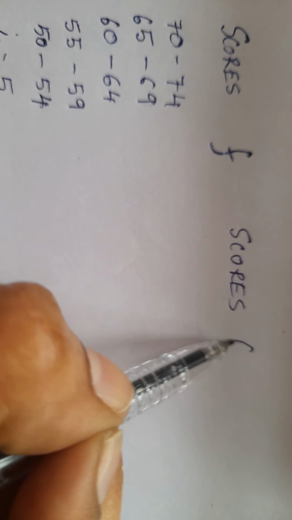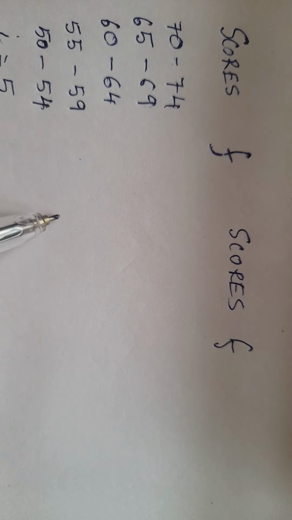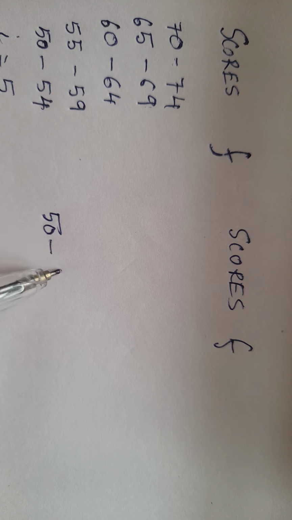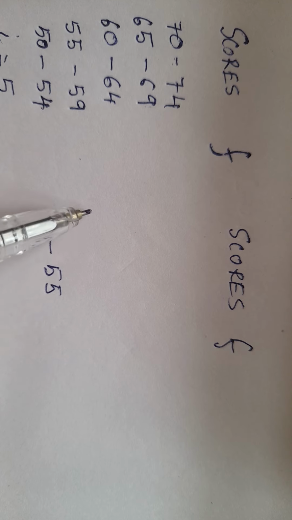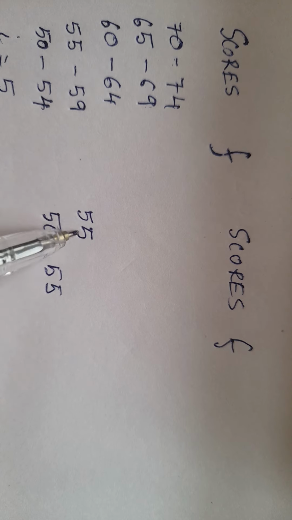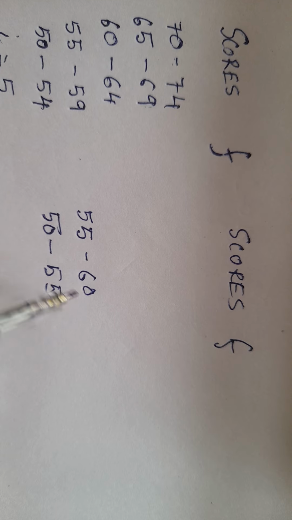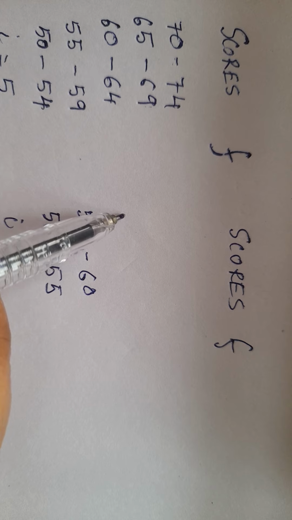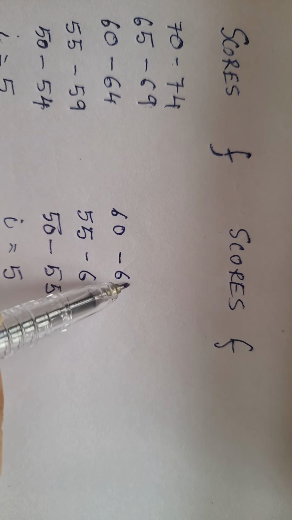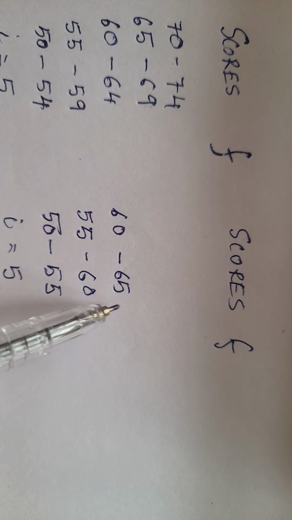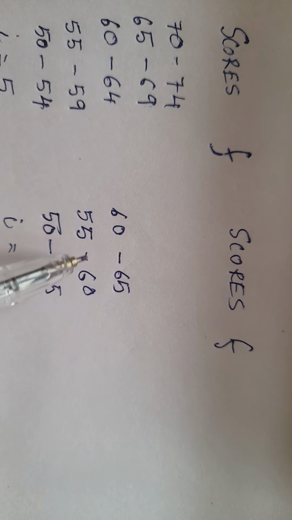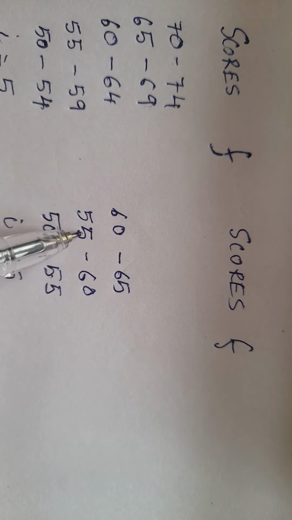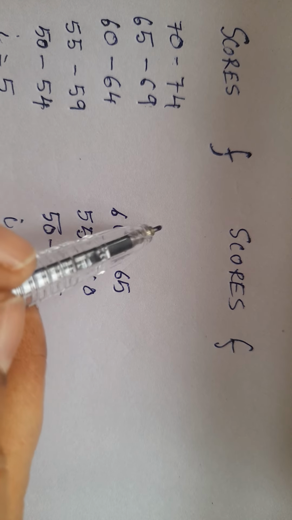See, with class limits you can do 50 to 55, 55 to 60. Now interval will remain the same. Okay, 60 to 65, this 55, 60, 65 you will always count here, 50 to 54, next 55 to 59.